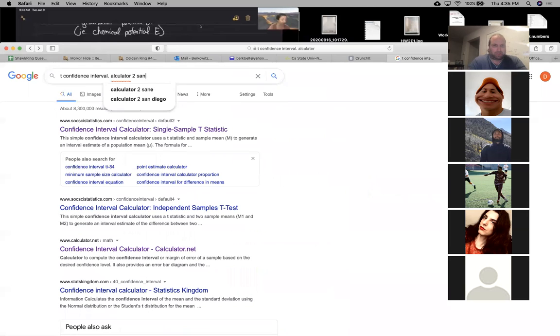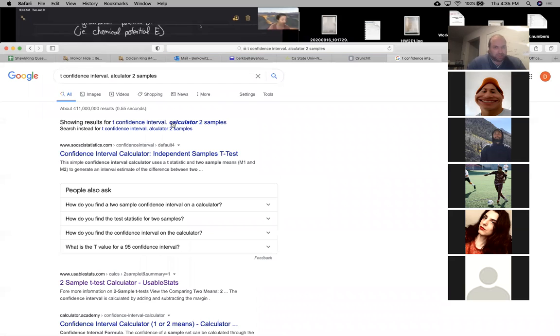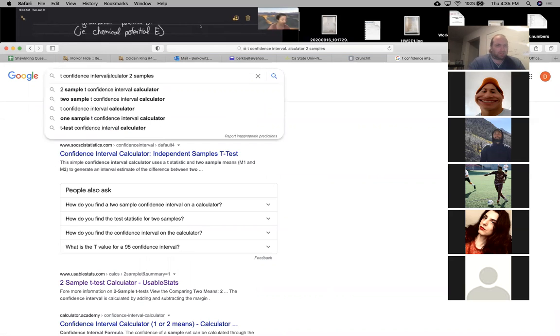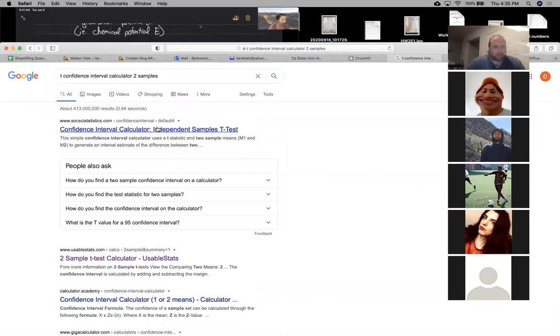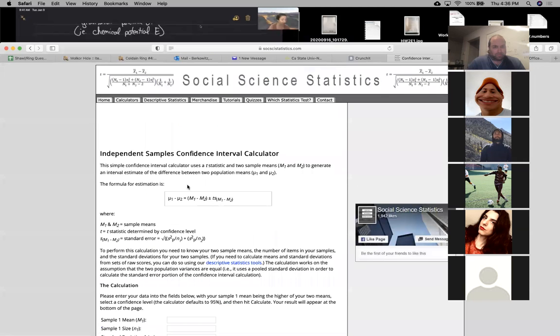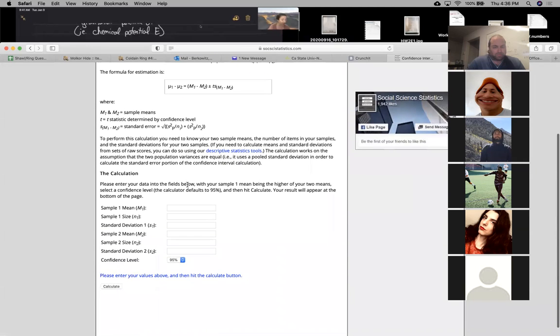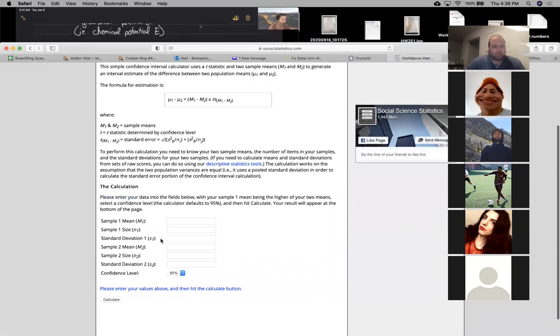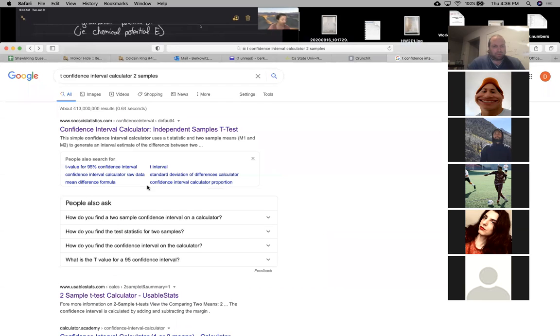Two samples. See, even here, it doesn't allow us to input degrees of freedom ourselves.